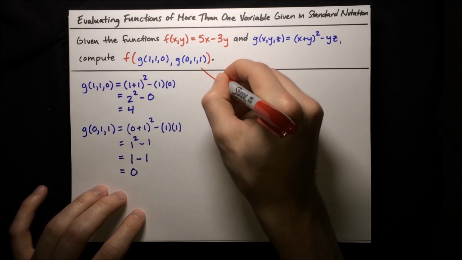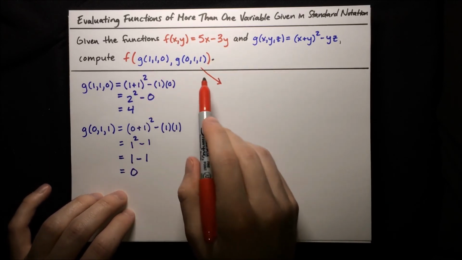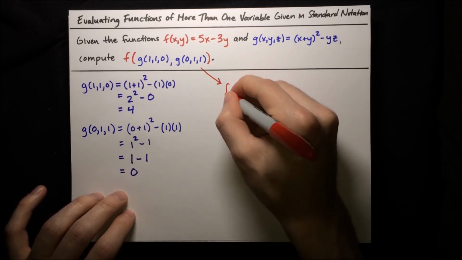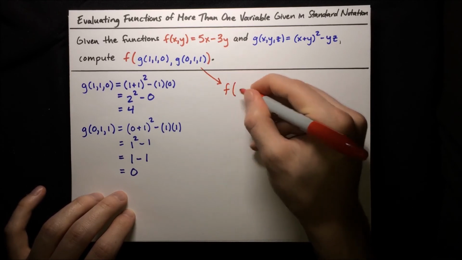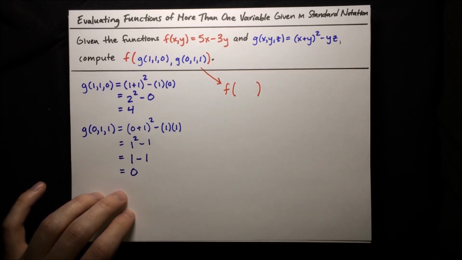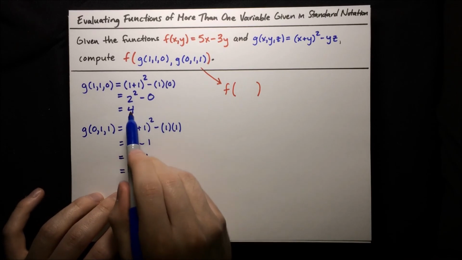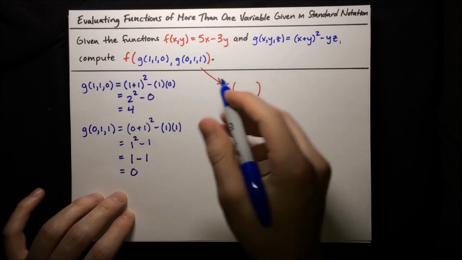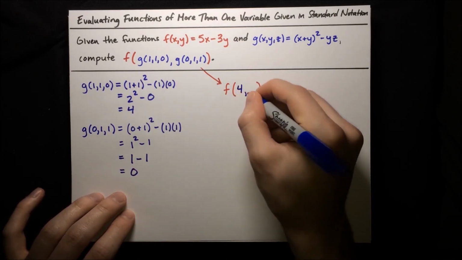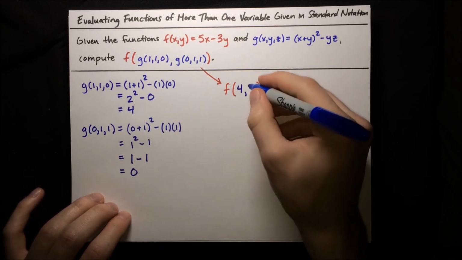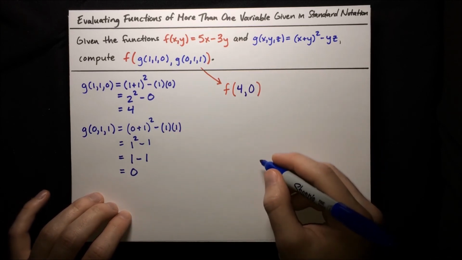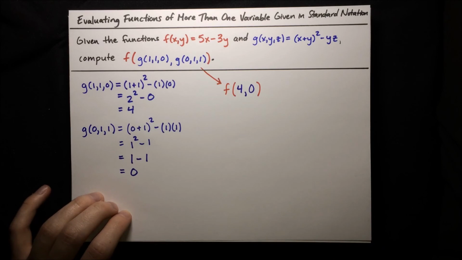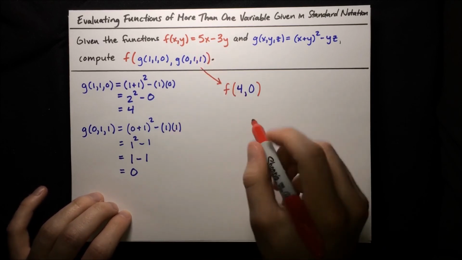We've solved for what they are. We plugged them into g, figured out what it comes out to. So what we really have to evaluate is f of these two inputs. The two inputs that we found were 4 for the first input here, and then the other one was 0. So f of 4, 0. And we can just compute that by plugging 4 and 0 into the expression for f here.